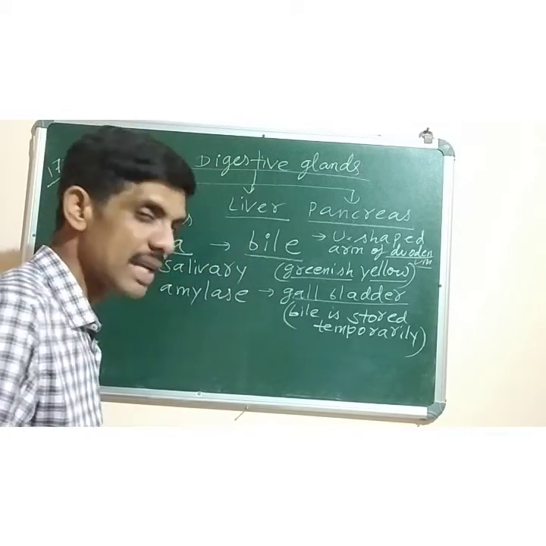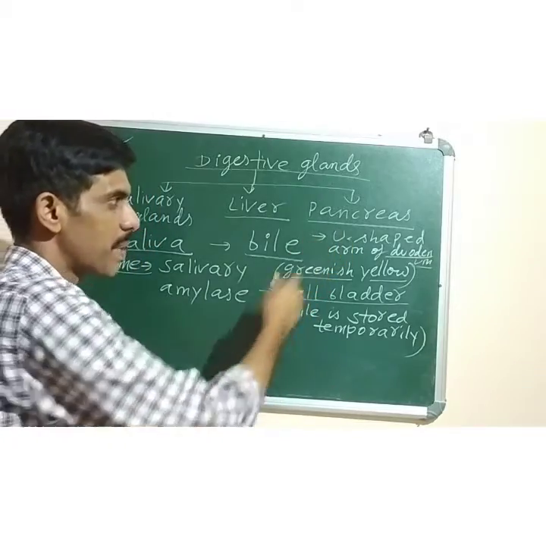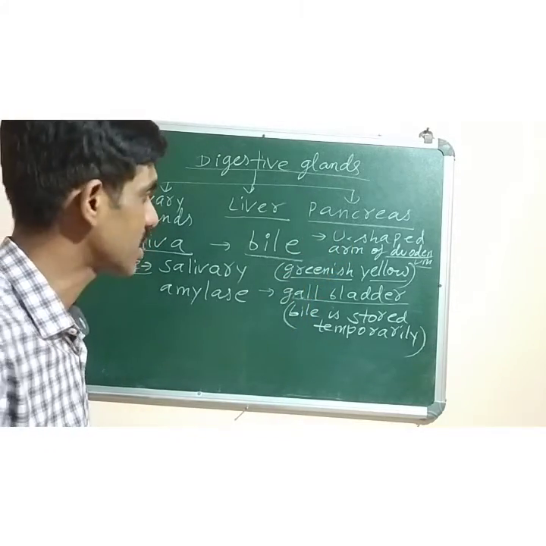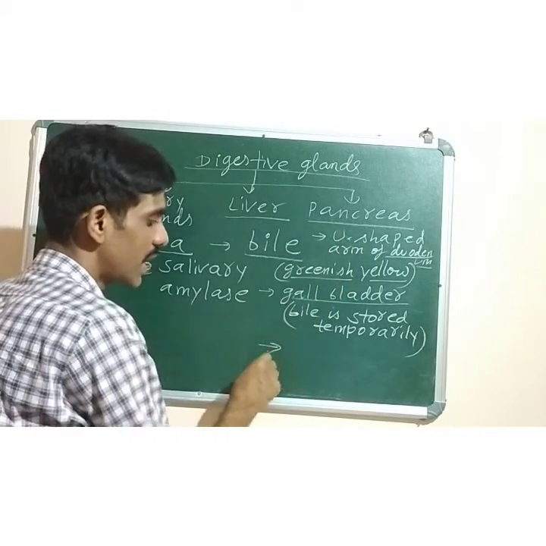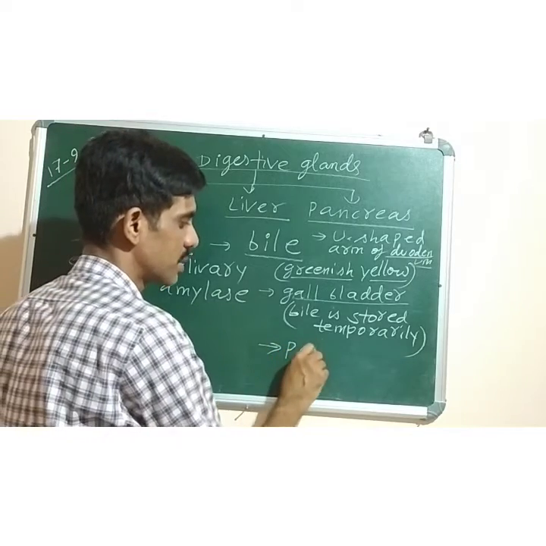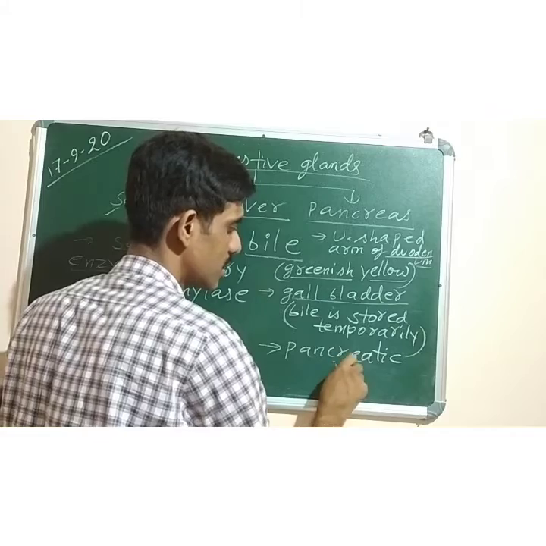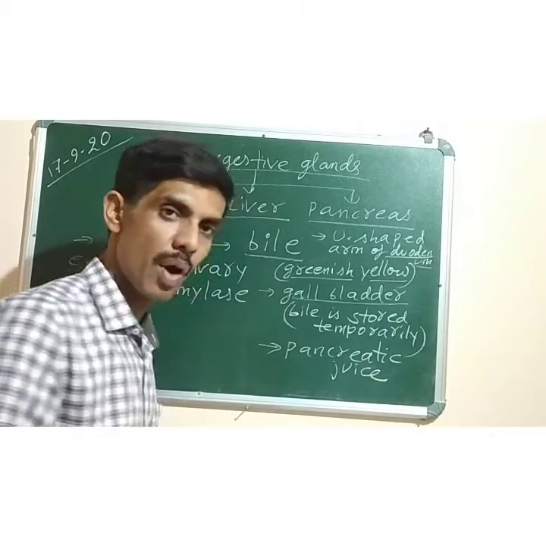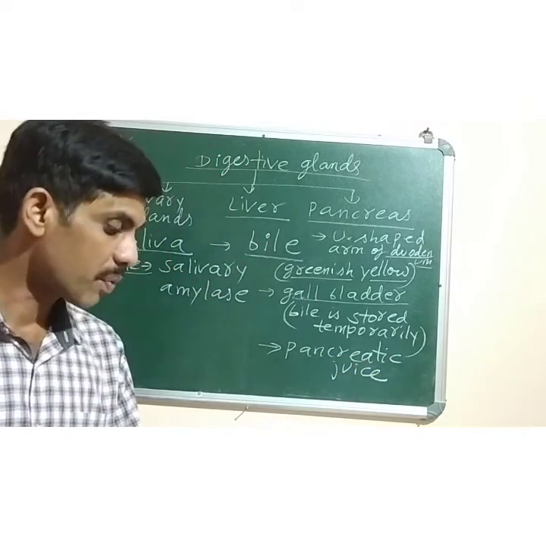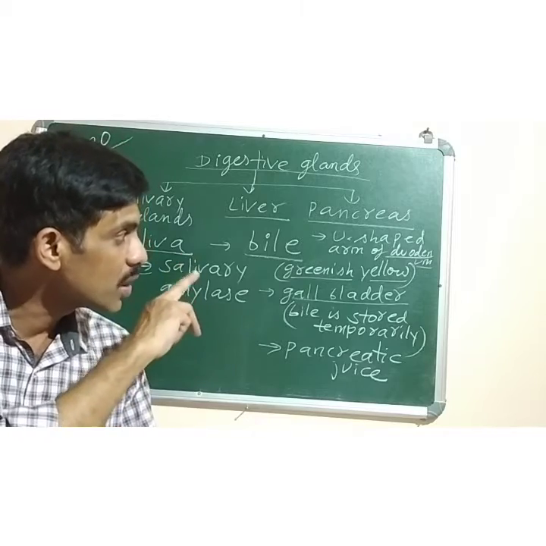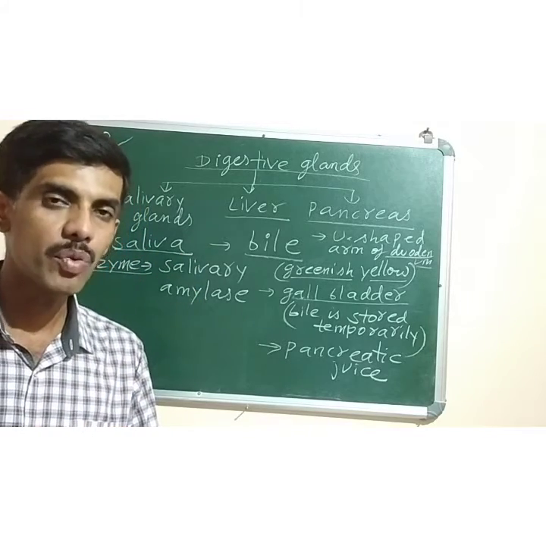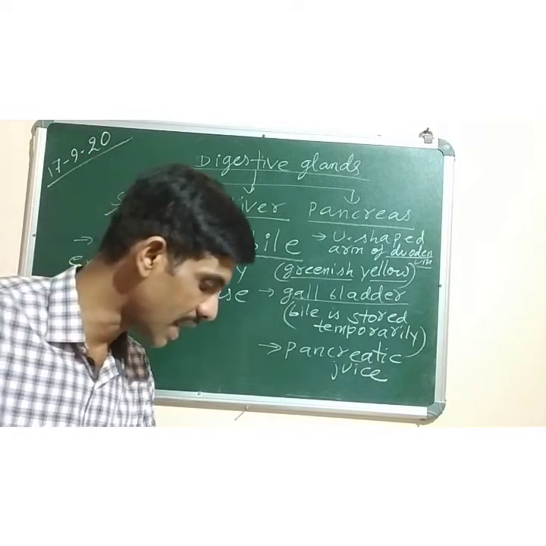It is a leaf-like organ, this pancreas, and it produces a digestive juice called pancreatic juice. So what is the name of that juice? It is called pancreatic juice, produced from pancreas. And where is it present? In the U-shaped arm of duodenum, which is a part of a small intestine.